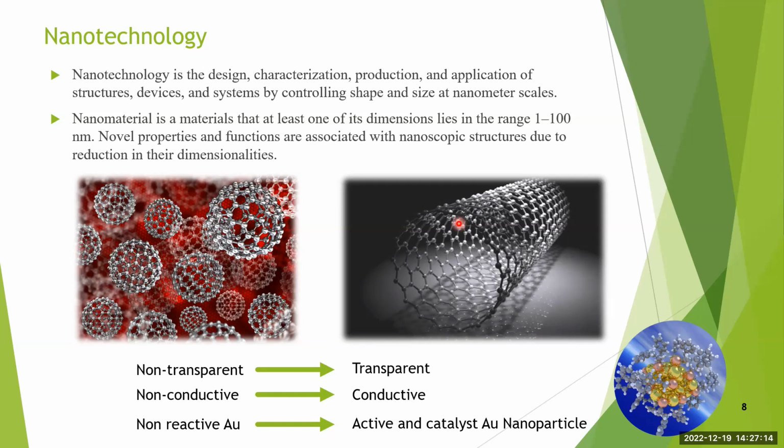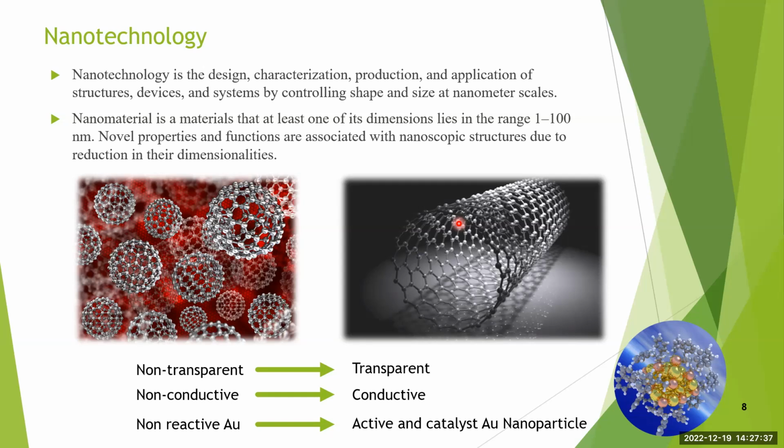For example, non-transparent materials become completely transparent. This is useful, for example, when you want to coat a surface in conservation of a cultural heritage, but you don't want to disturb its appearance. Or for example, non-conductive materials become conductive. This is the case when you want to use the nanomaterials as smart sensors.